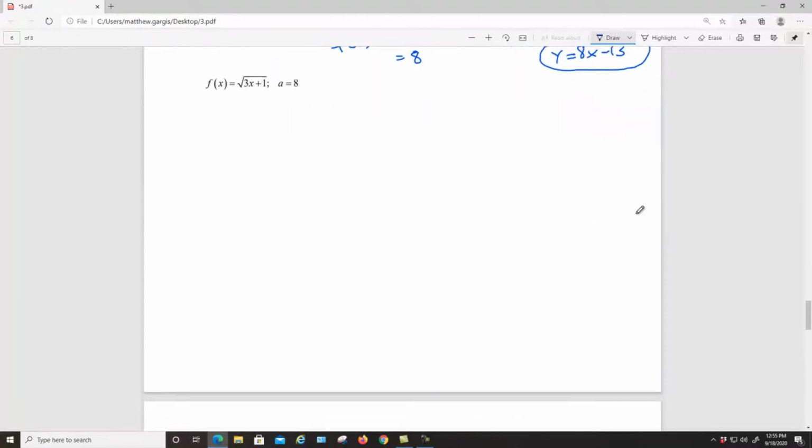All right, let's look at another one. Okay, so again, we're going to find the function for the derivative. So it's the limit as h approaches 0 of f of x plus h minus f of x over h.